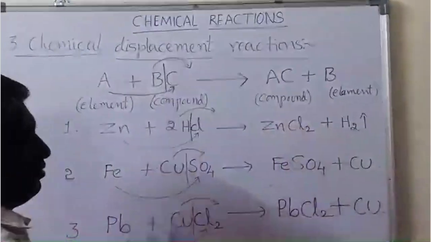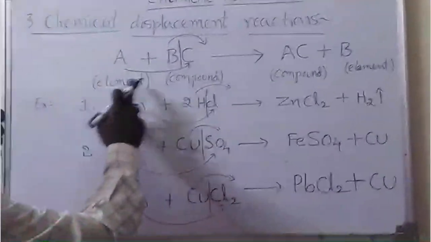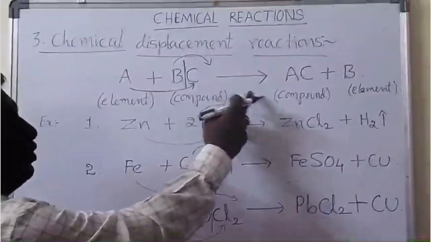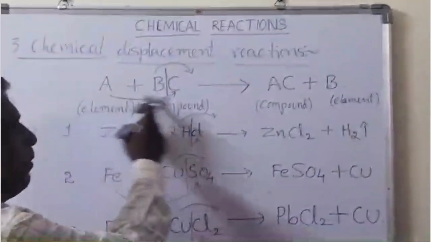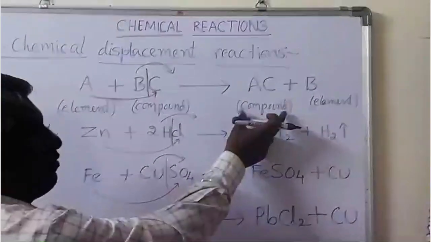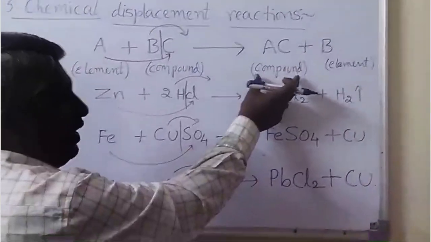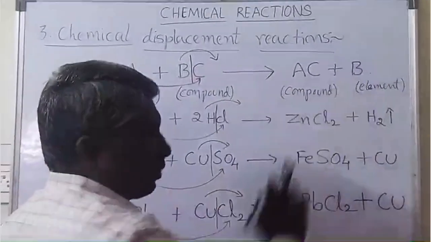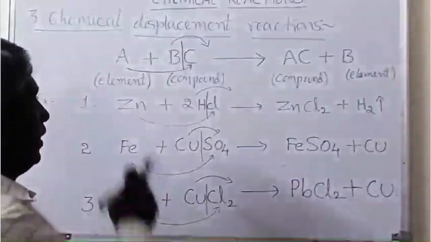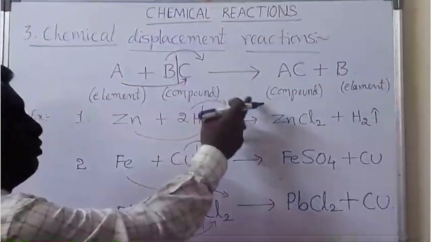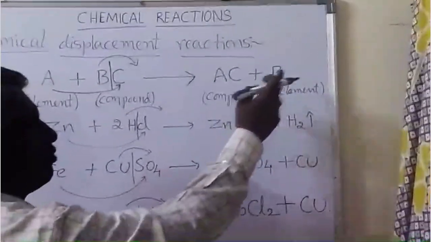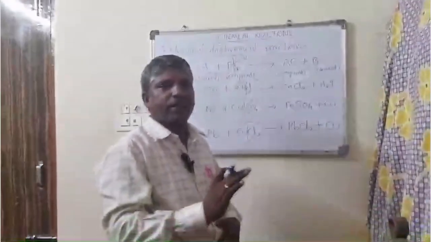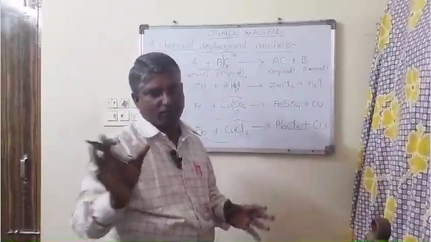When we observe this general equation, A plus BC gives rise to A combined with C. Therefore it forms a new substance AC, and then B will be separated. Therefore, simply A plus BC gives rise to AC plus B. This is the simple identification method for a chemical displacement reaction.